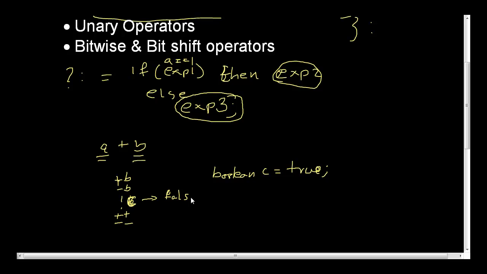It reverses the boolean value. And plus plus is the incrementer, and minus minus is the decrementer. These are all unary operators because they only need one operand instead of two. So that's it as far as unary operators go.